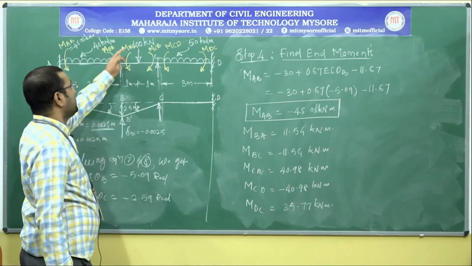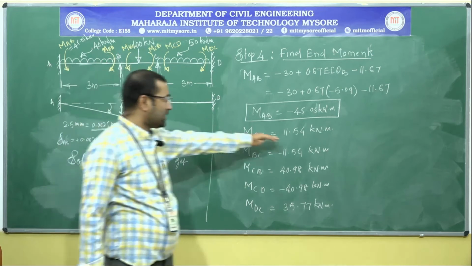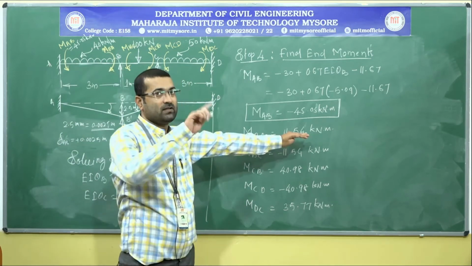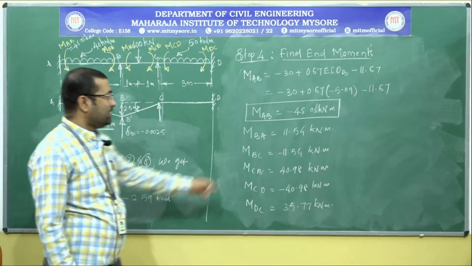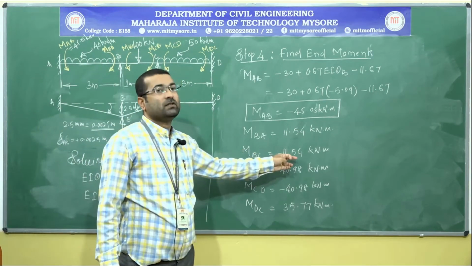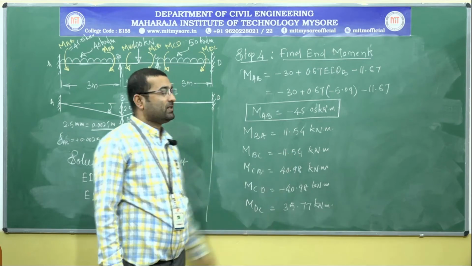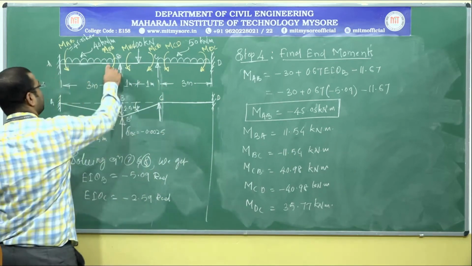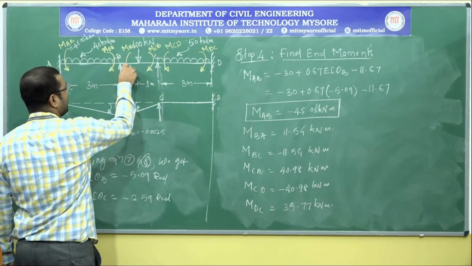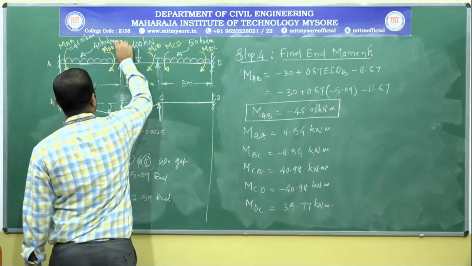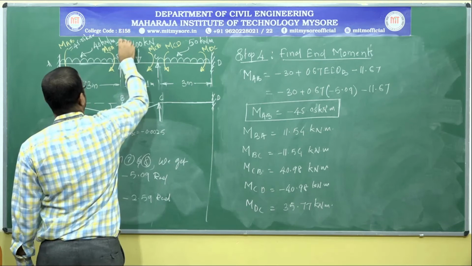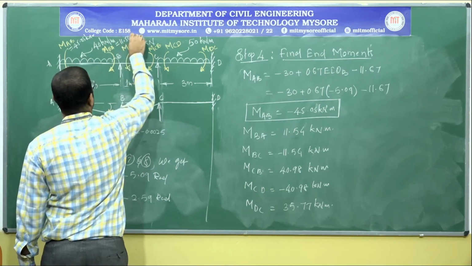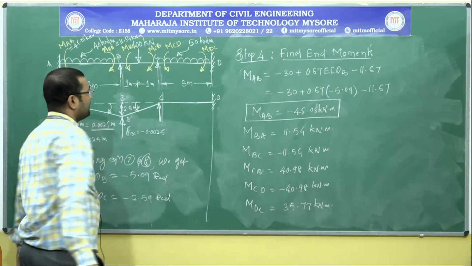And for MBA and MBC, as per our calculation, MBA is a positive value, which means it is clockwise in direction. So I have written the clockwise moment, whereas for MBC we got a negative value, so it is an anti-clockwise moment. So we have written the clockwise and anti-clockwise moments respectively. This magnitude is 11.54 kilonewton meter.